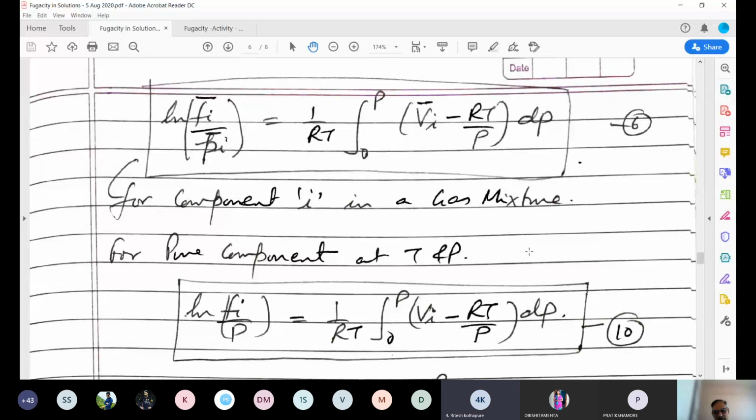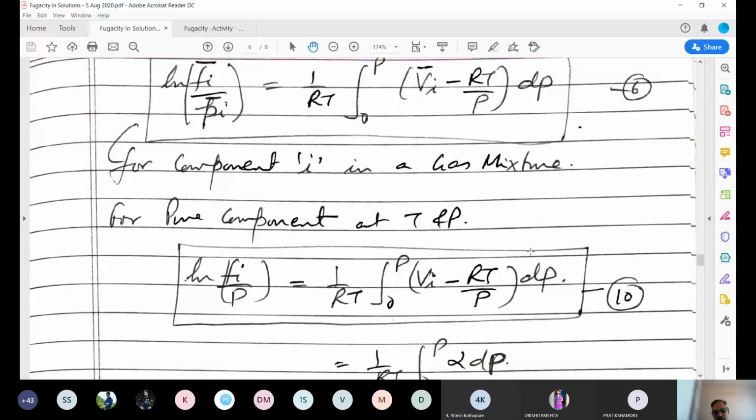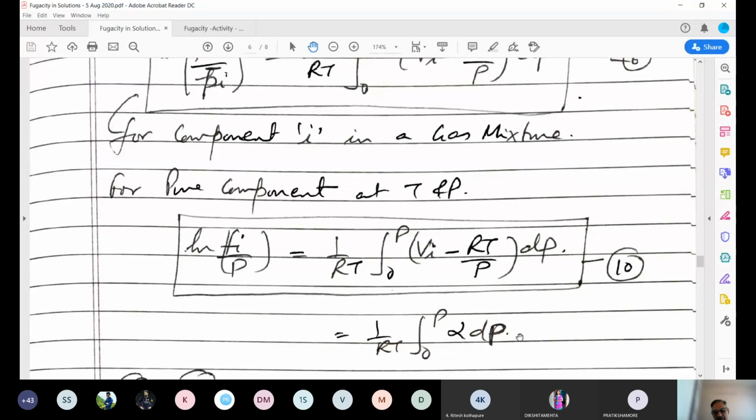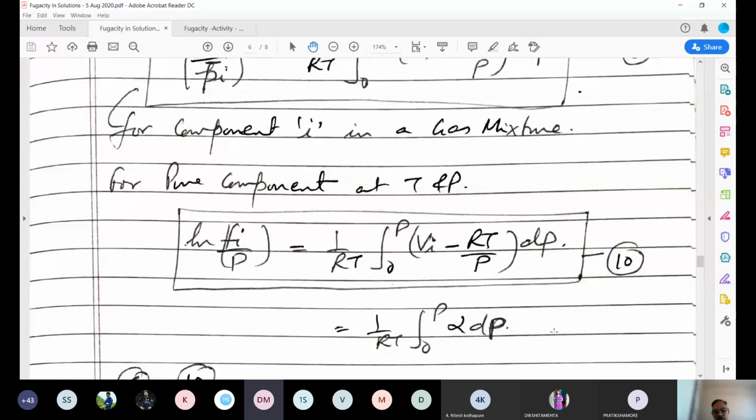So it is equal to alpha. We saw this earlier. Alpha is what? Residual volume. We derived it earlier, right? One way of determining partial molar volume was by residual volume, right? So this is nothing but alpha for real gases. For ideal gases it is 0. But for real gases it is the integral of RT alpha dP.